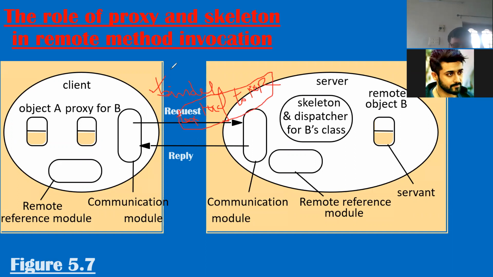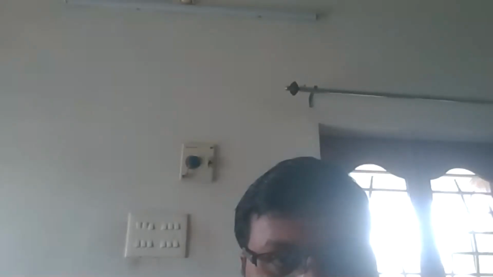This is the purpose of the binder. It contains a table which maps the textual names to object references, and it is used by servers to register their remote objects by name.